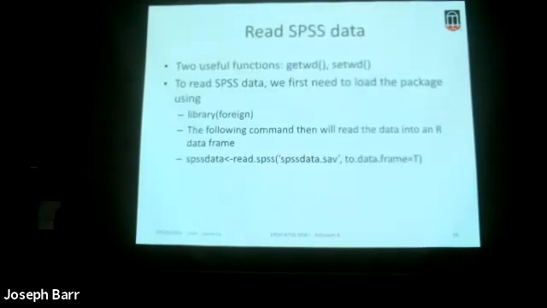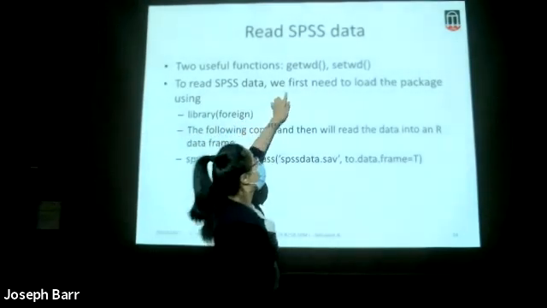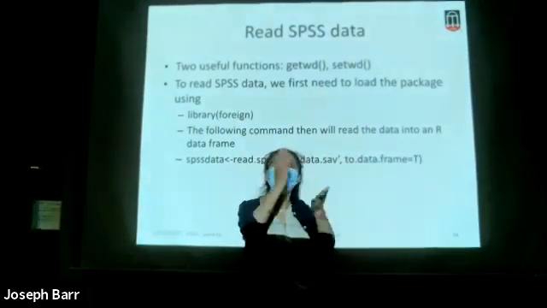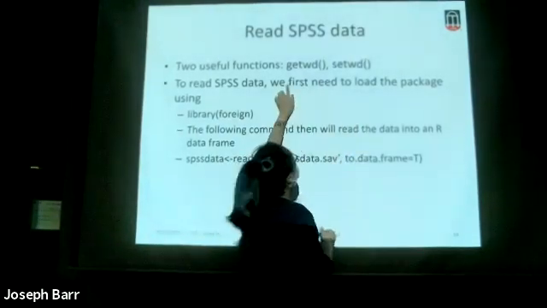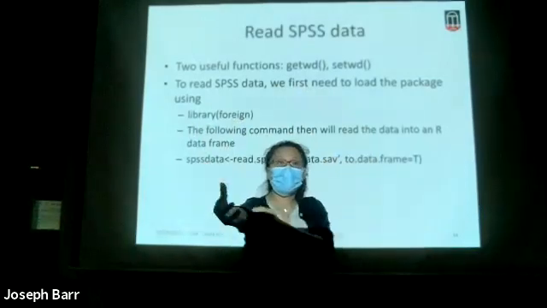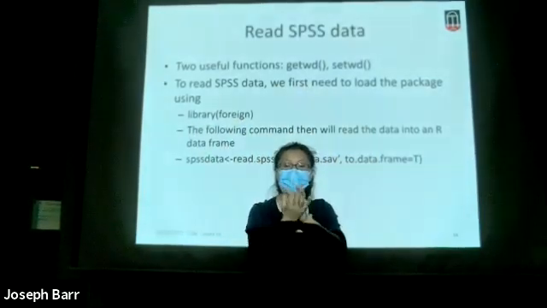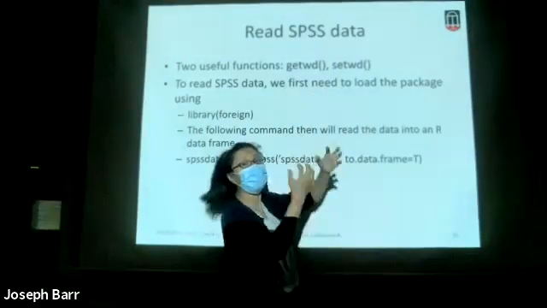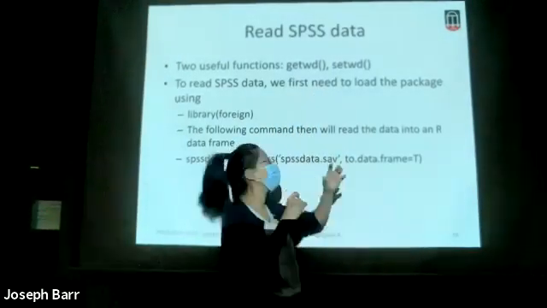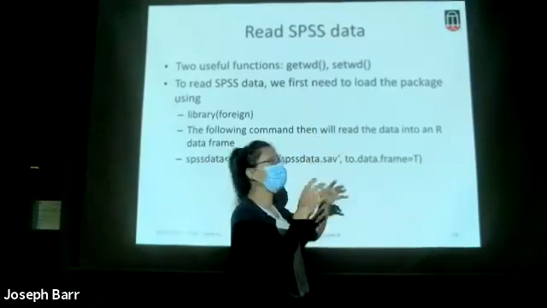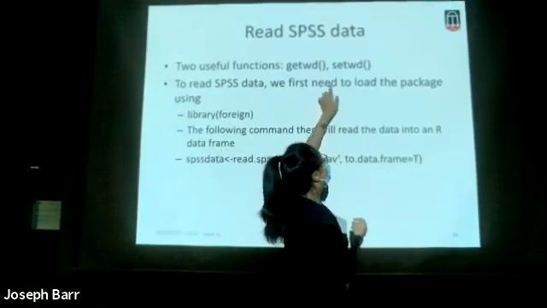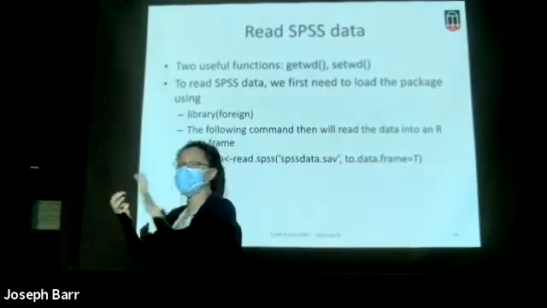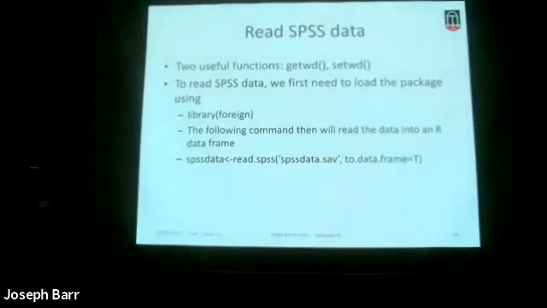These two functions are very important: getwd and setwd. What is WD? WD is short for working directory. getwd just tells R where the current working directory is, so it will return the current working directory for you. If you are not happy with that working directory, you can set your own with setwd and give the specific folder inside the parentheses.